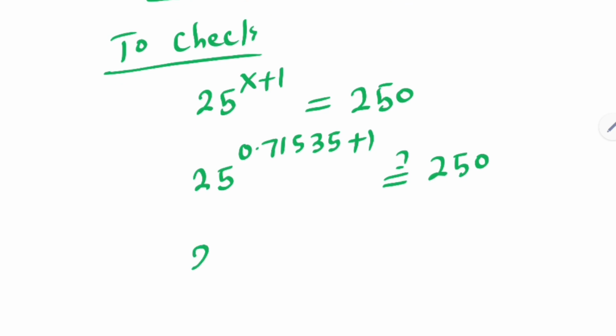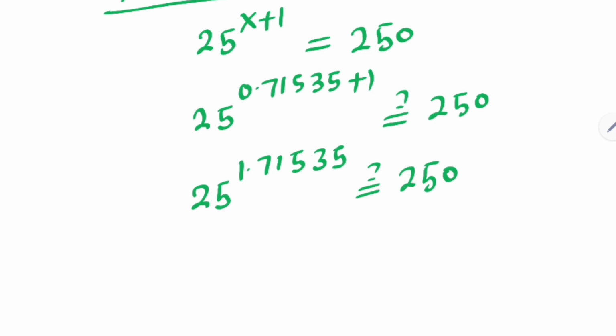Here we have 25 raised to power 1.71535 must be equal to 250. Then 25 raised to power 1.71535, this is 250.00, is equal to 250, which is true.